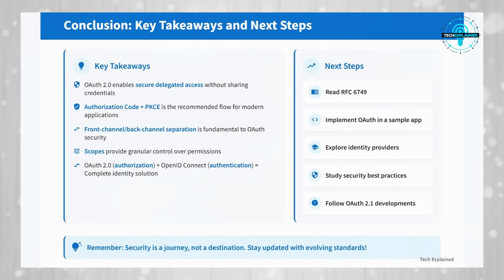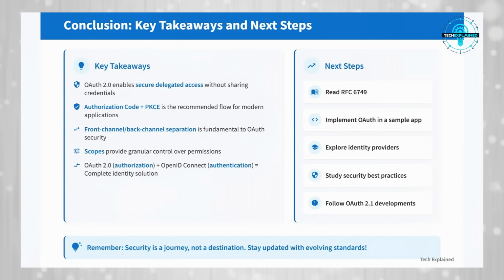The industry's collective experience has been codified in emerging standards like OAuth 2.1, which aim to make secure implementation the default path. If you're interested in diving deeper into OAuth 2.0, I recommend reading the RFC 6749 specification, exploring the implementation guides provided by major identity providers, and experimenting with building your own OAuth 2.0 client and server applications.